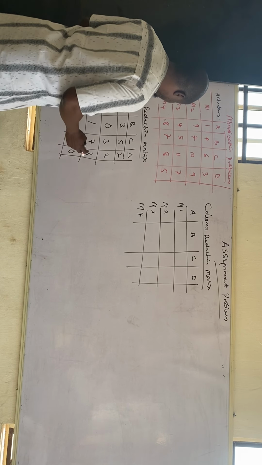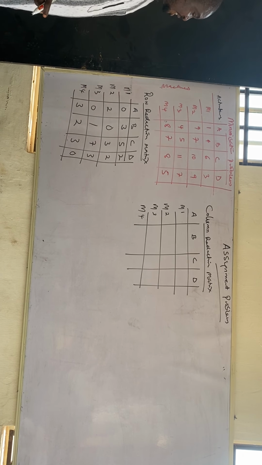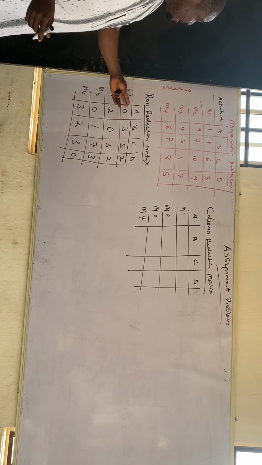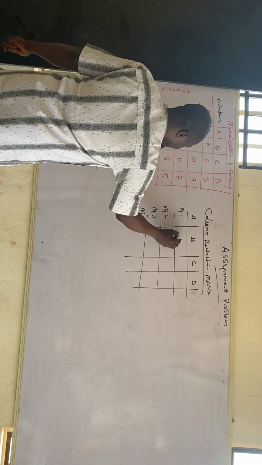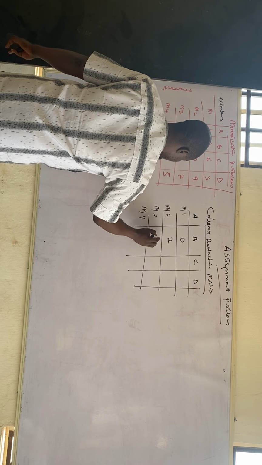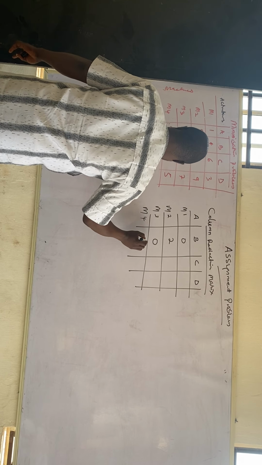So, in the column reduction matrix, in each of the columns, you identify the least value. Here, 0 is the least value. So if you take it away from each, you are still going to get the values 0, 2, 0, 3.